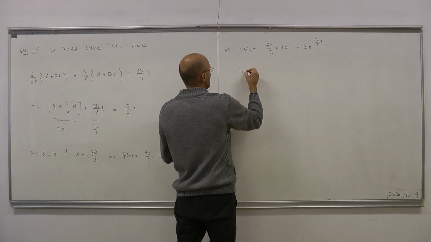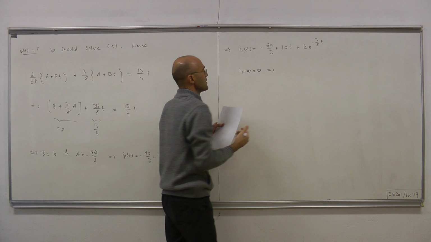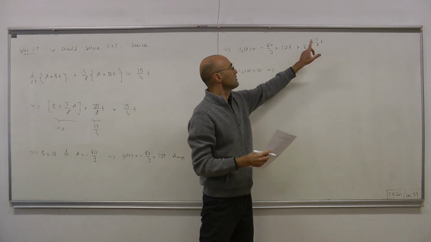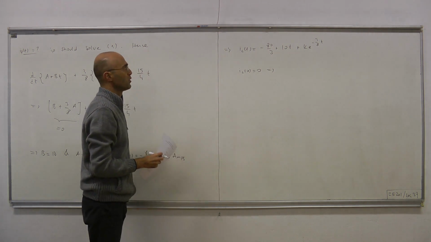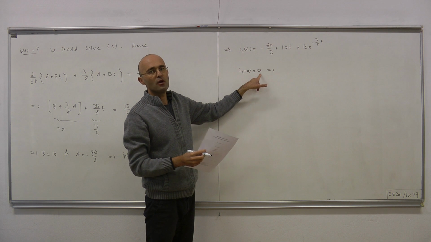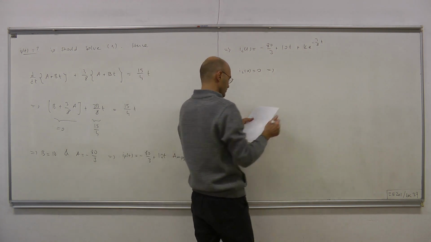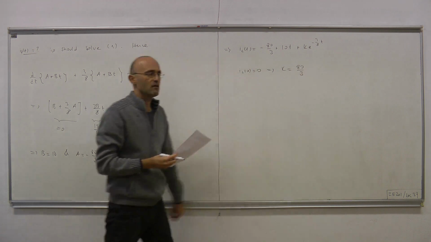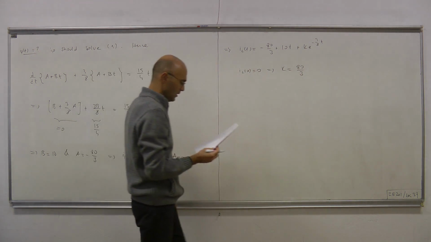And i_L(0) equals 0 implies that at t equals 0, this term disappears, and the exponential term is 1, so we have K minus 80 over 3 equals 0. That gives us K. K equals 80 over 3.